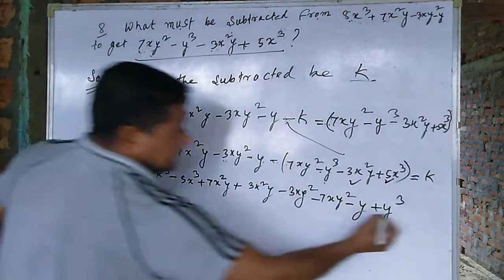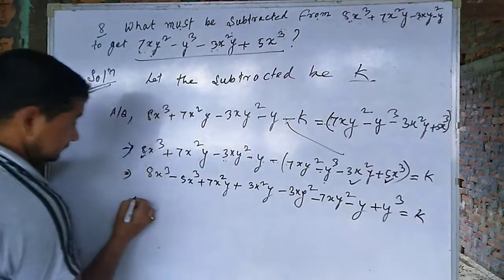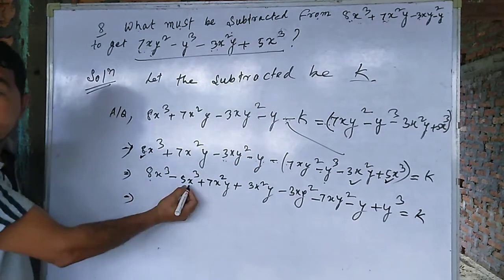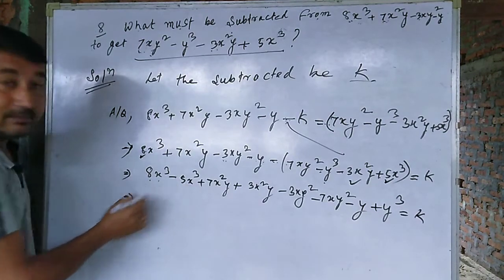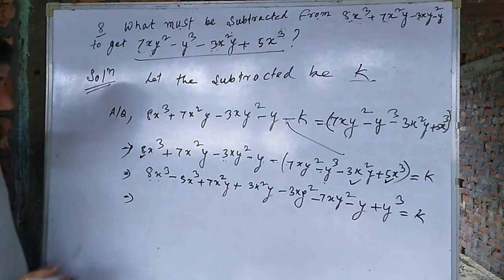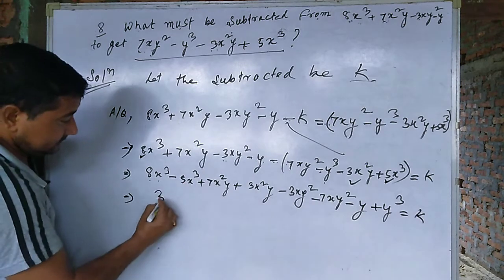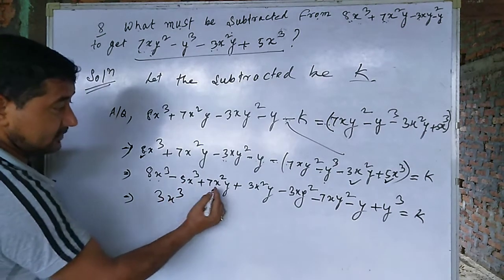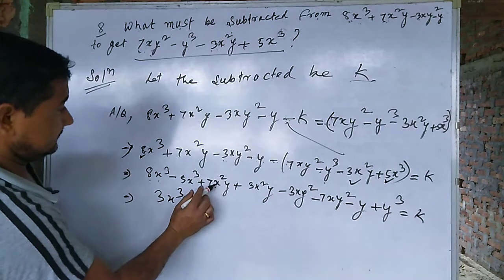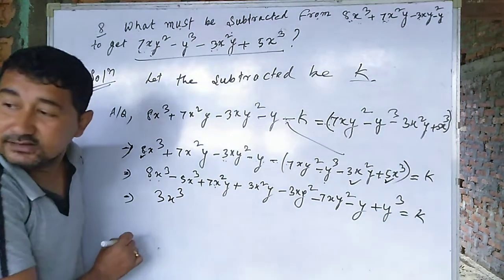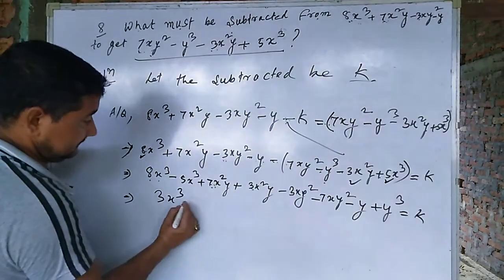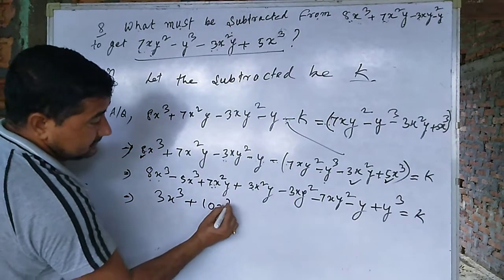Now it's equal to here. Now 8 minus 5, how much? 3. 3x cube. And this one, the plus 7, we have plus 3, how much? 7 plus 3 is 10: 10x square y.